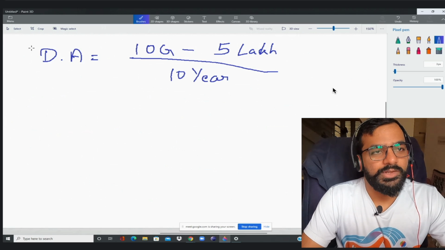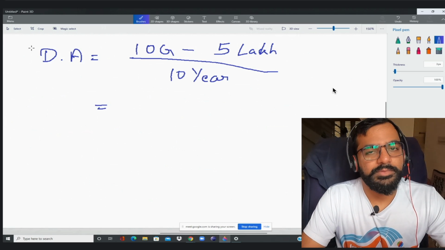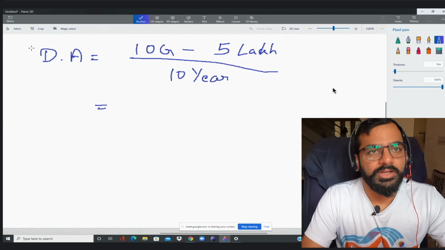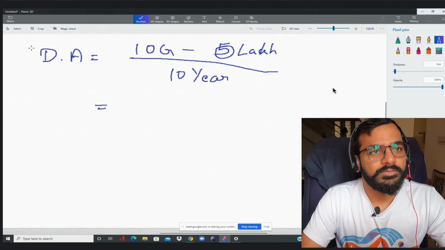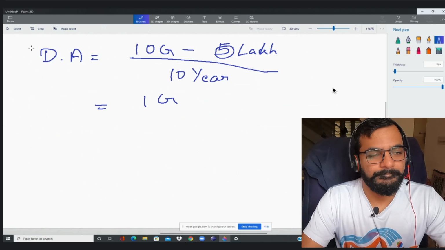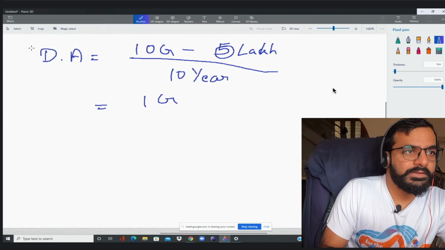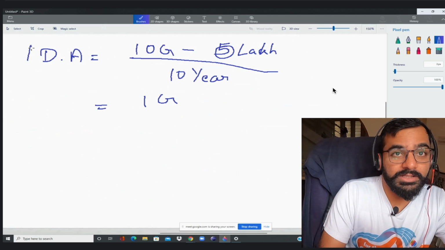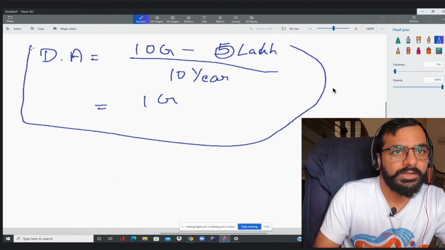This gives us the value of how much the value will decrease every year. The easier way of calculation is if you make it 0, how much will the value decrease every year? So I'm just giving a rough calculation of the formula.